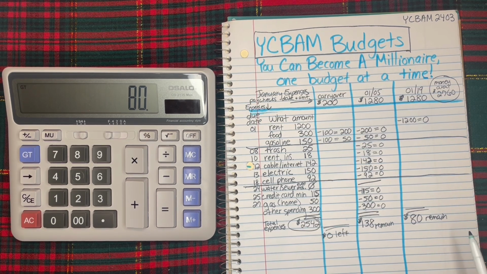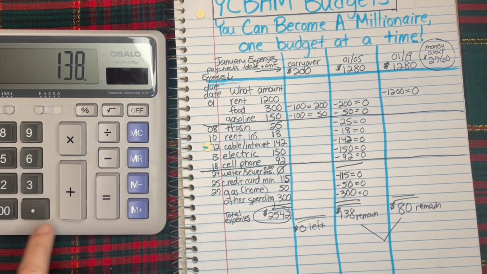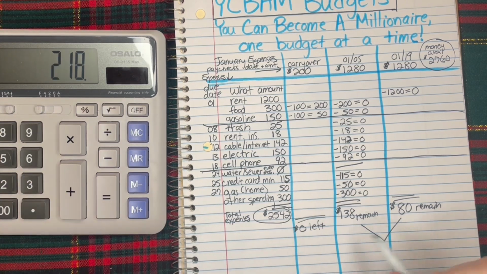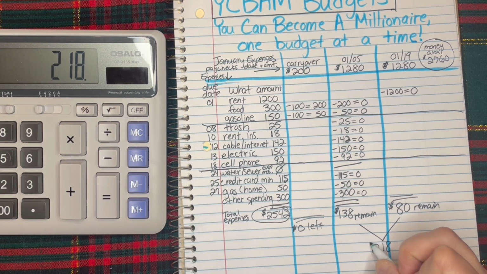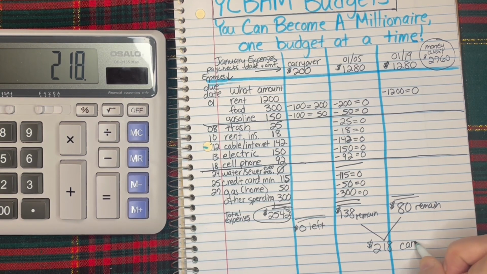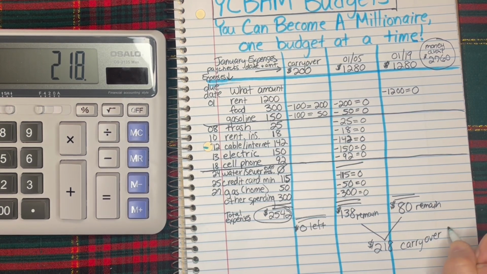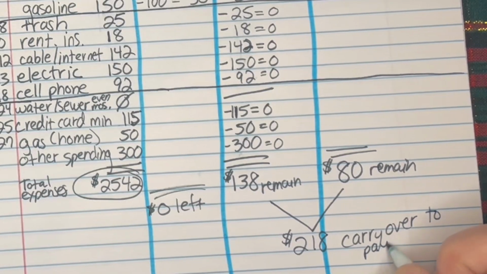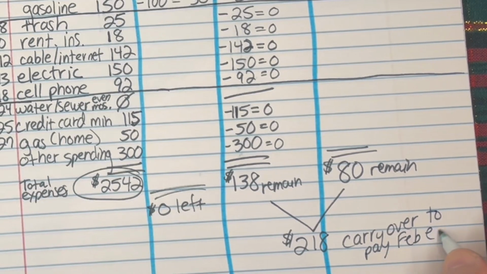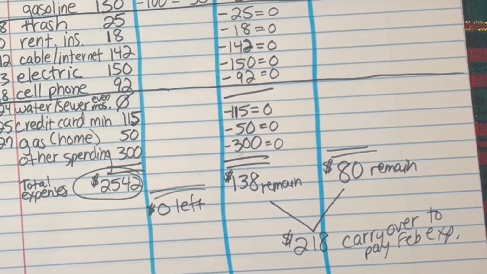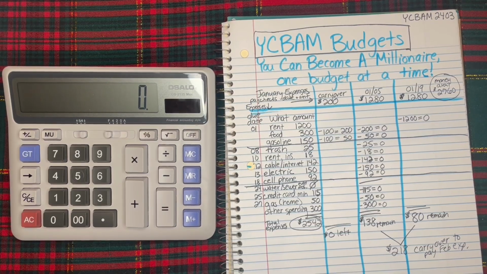And it's your budget, so you get to decide what you want to do. 138 plus 80 equals 218. And I'm going to carry that over to pay February expenses. And that's how to budget in 3 steps.